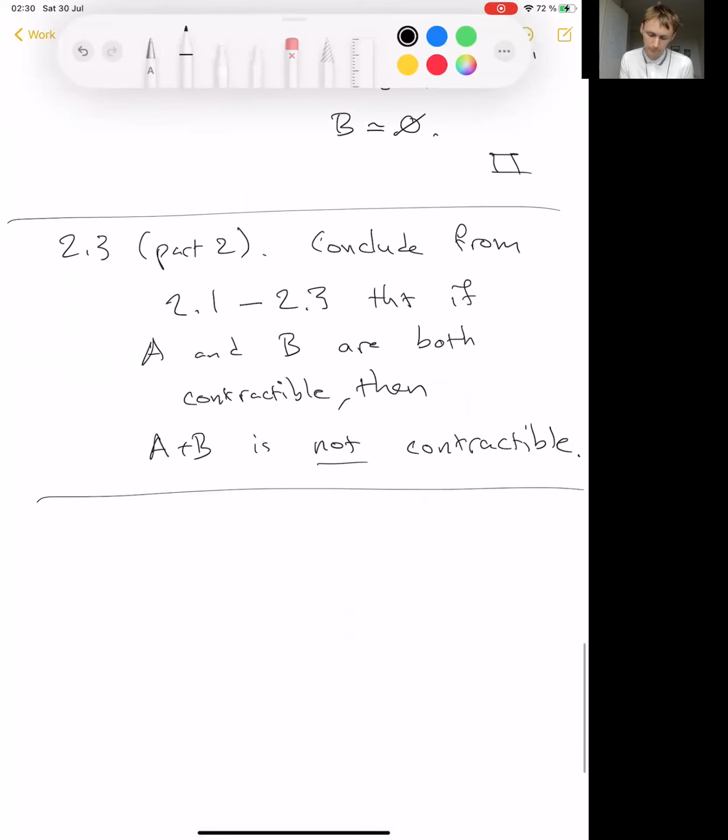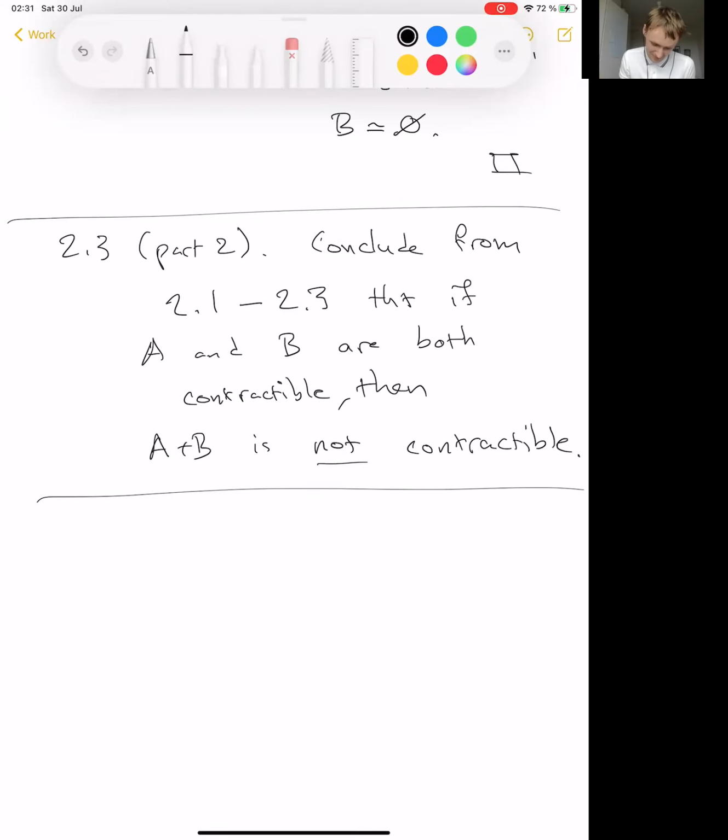I mean, this is maybe kind of obvious because if A and B are contractible, they're both points. And you take the union of two points, you get something with two points, and it's not contractible anymore. But let's do it the way that is intended here by the previous problems.